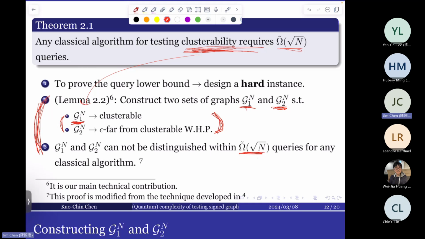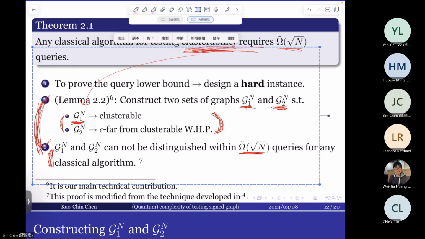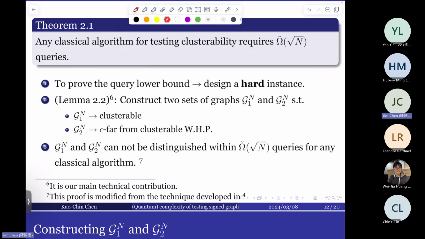Then it will contradict this statement. So in other words, we would like to introduce how we construct such a set of graphs.